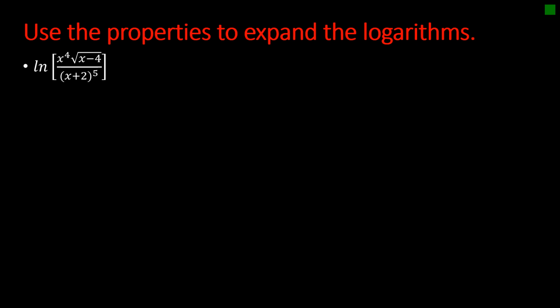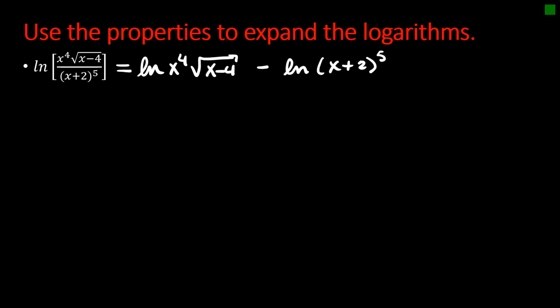The first thing we notice here is that we have a quotient. And that breaks down as a difference. Then here we have a product. And that breaks down as a sum.